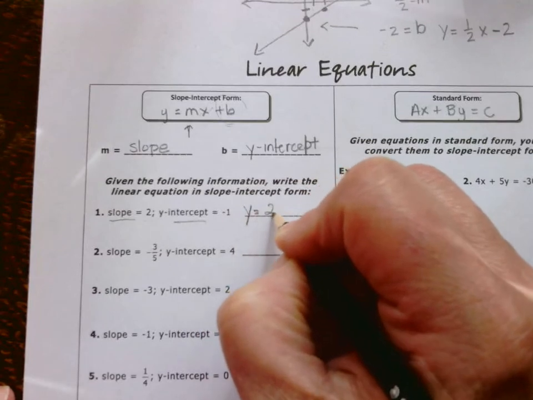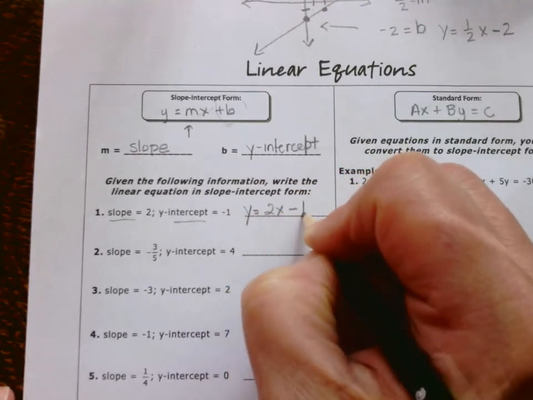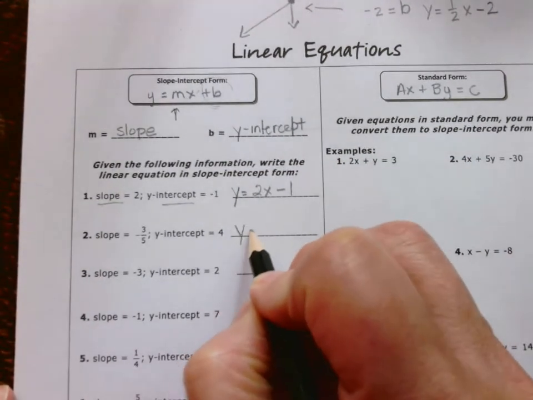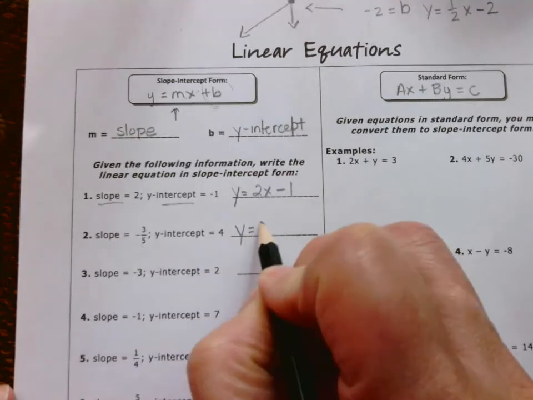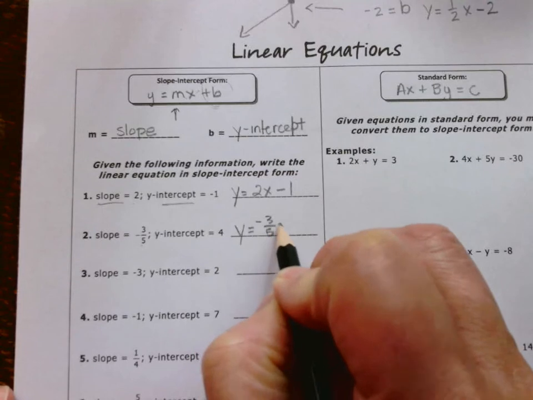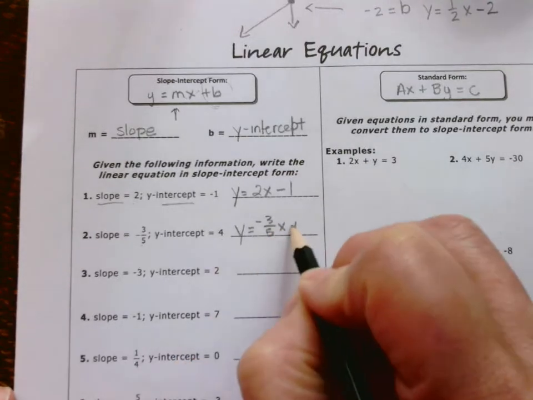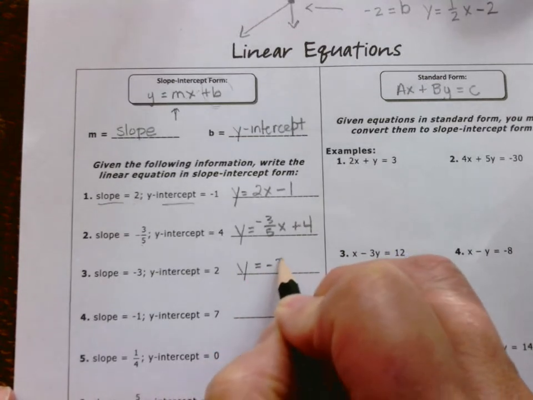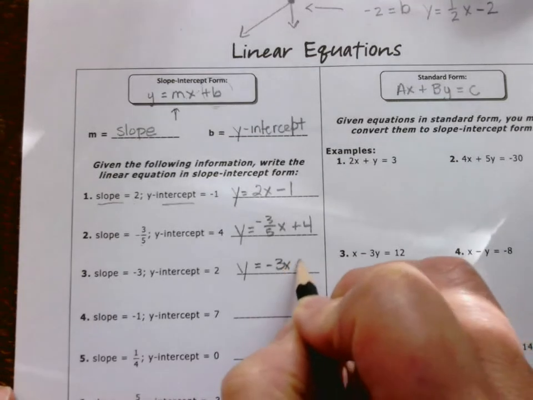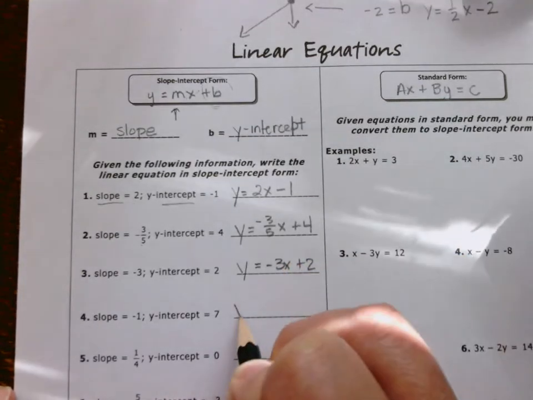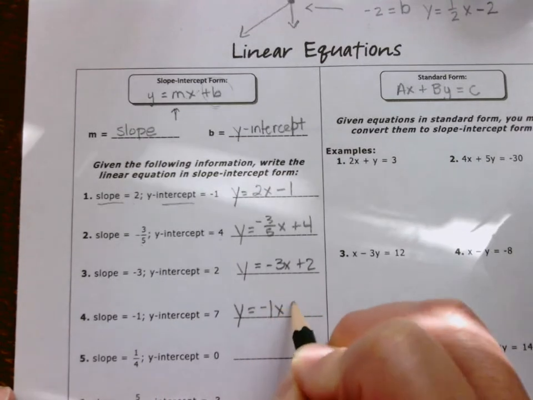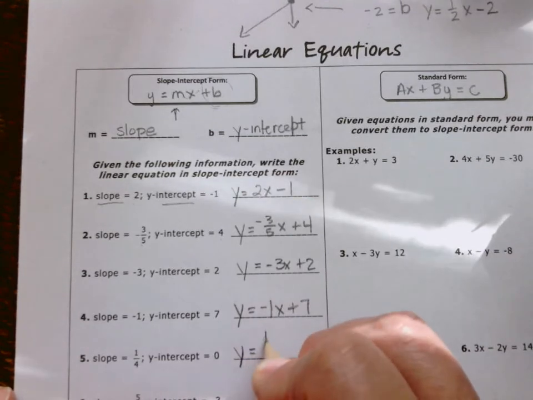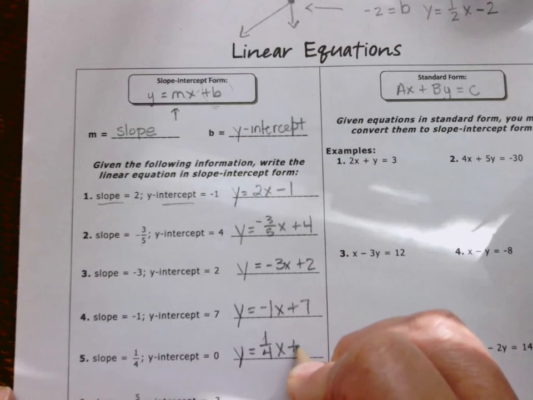y equals 2x minus 1. y equals -3/5 x plus 4. y equals -3x plus 2. y equals -1x plus 7. y equals 1/4 x plus 0.